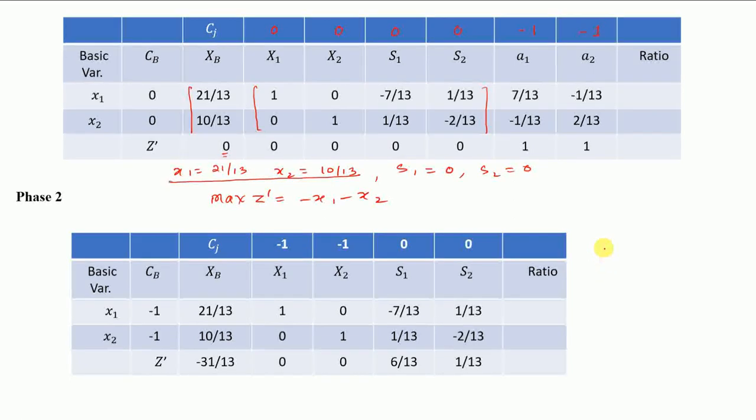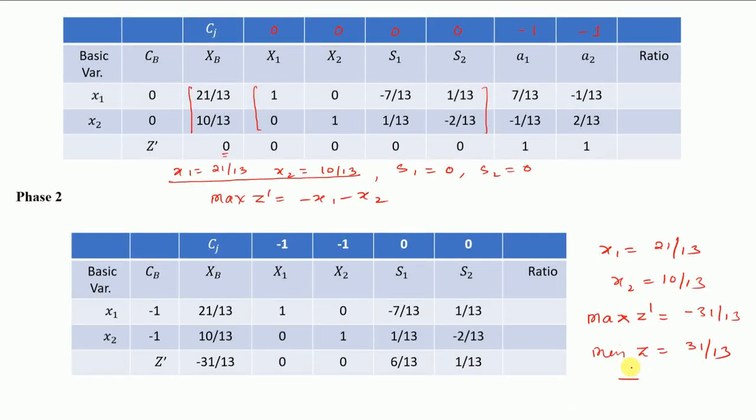So final solution is x1 equal to 21 by 13, x2 equal to 10 by 13, and z dash is maximize z dash equal to minus 31 by 13, but we have to find the minimum z. This is minus z dash, 31 by 13. So this is the solution.